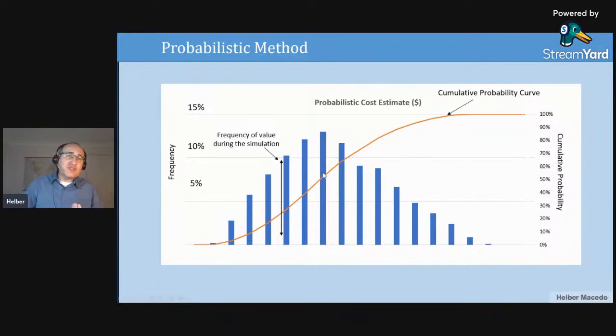This information is helpful because you will be able to see, for example, suppose my deterministic result, my bottom up result, is at this point. I can see that in around 6% of the simulations, my number from the bottom up cost is enough. I have enough money.